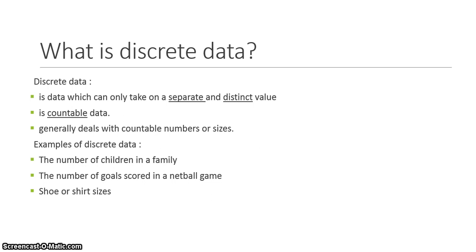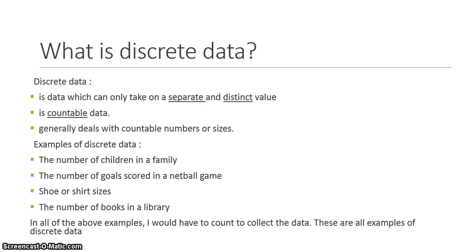The values are separate and distinct values. And lastly, the number of books in a library. Again, to collect this data, I have to count. All of these examples are examples of discrete data because to collect the data, I would have to count it.